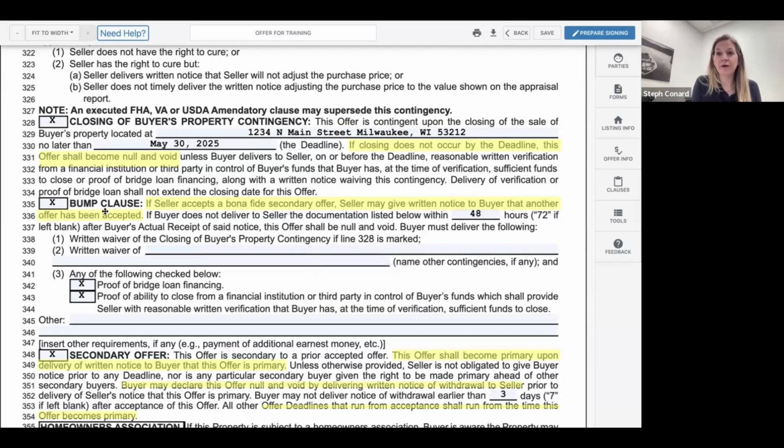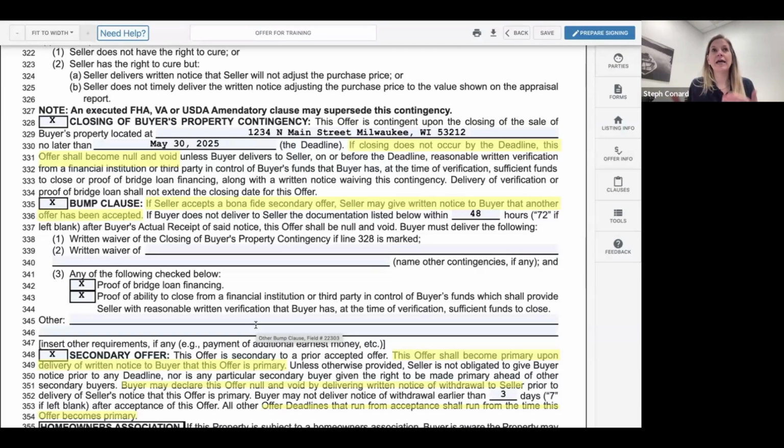So they ended up including a bump clause. The buyer then was able to take their time to gather estimates. And the seller had a little bit more peace of mind knowing that they could accept a secondary offer, which a seller can accept at any time. And I'll go into that in a minute here.